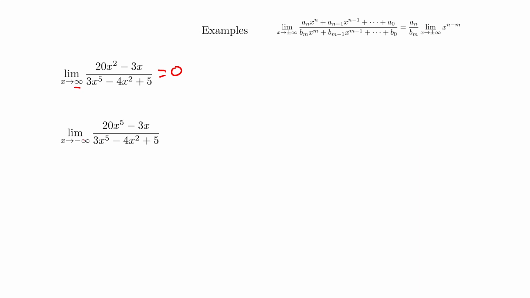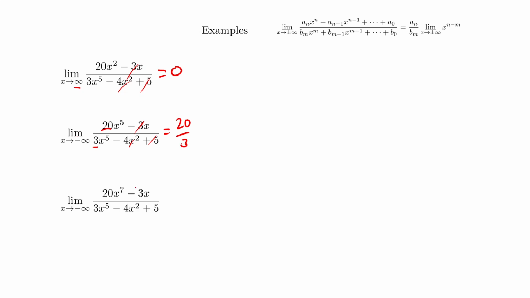If they are the same here, we just consider the ratio of the lead coefficients. Again, I don't care about anything else in the problem. That stuff doesn't actually matter. I'm not saying that this cancels. It's just irrelevant for the sake of the problem. I know that this is going to be 20 thirds. So very simple.